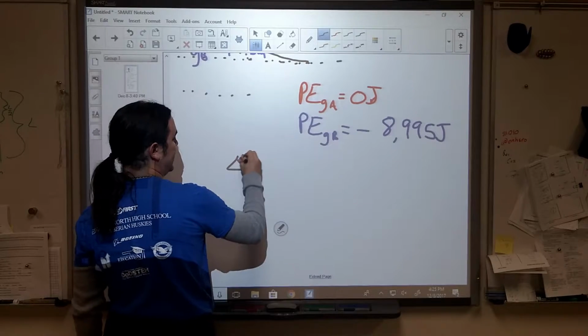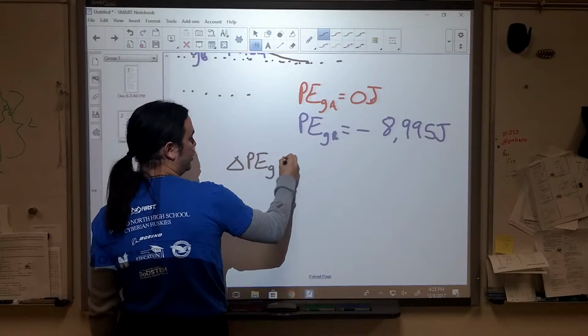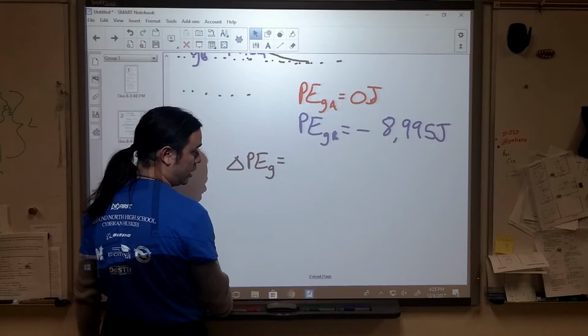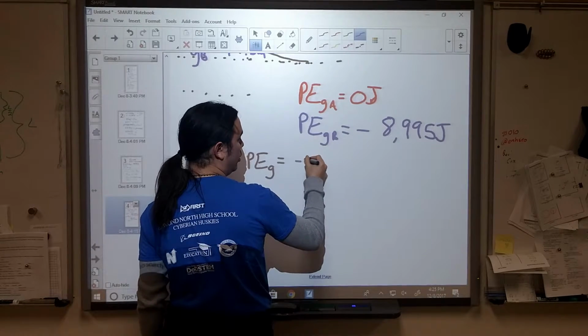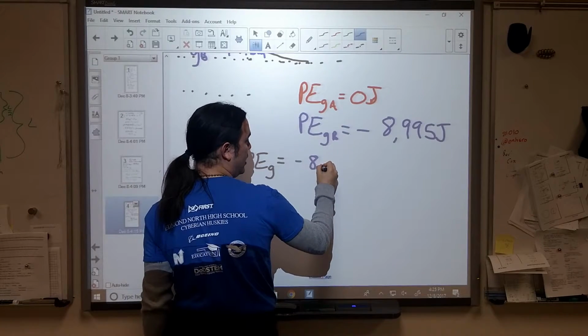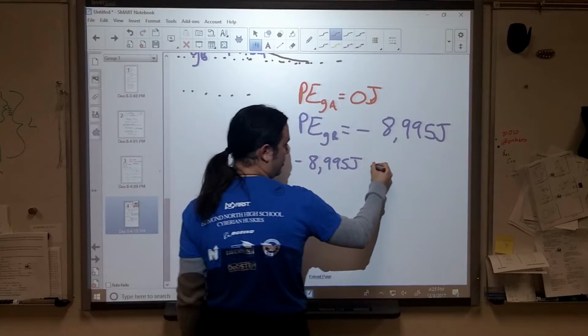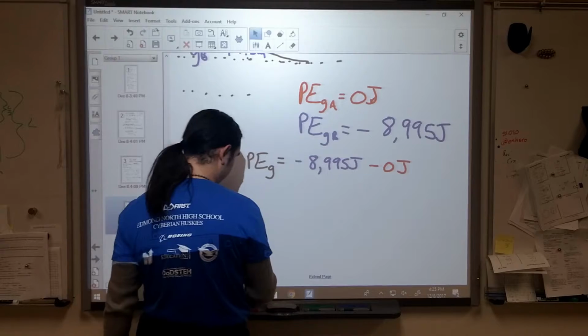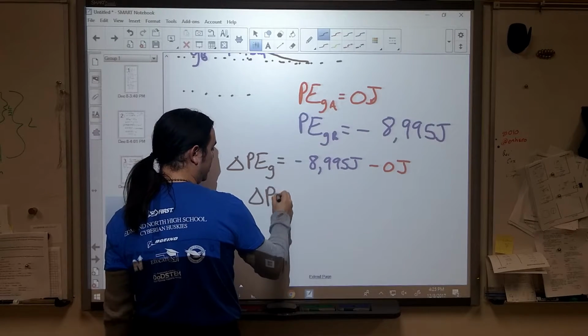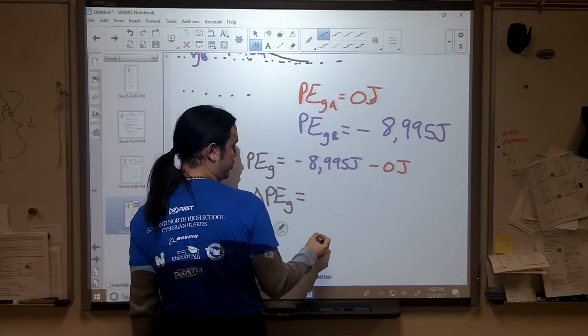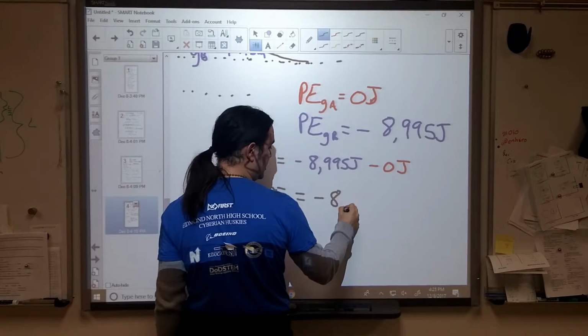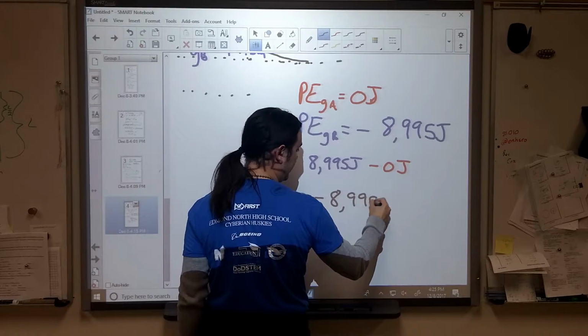If I want to find delta PE, which is my preferred, but not what was actually set up for this problem, we would have the final negative 8,995 joules minus the initial, minus 0 joules, and we would find that once again our delta potential energy for gravity comes up to negative 8,995.